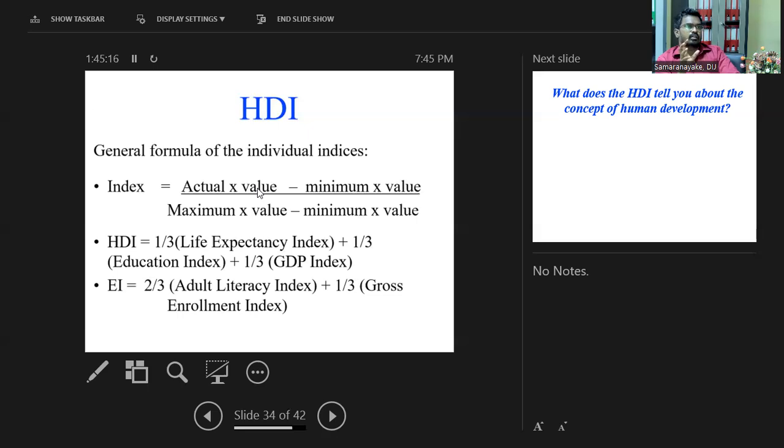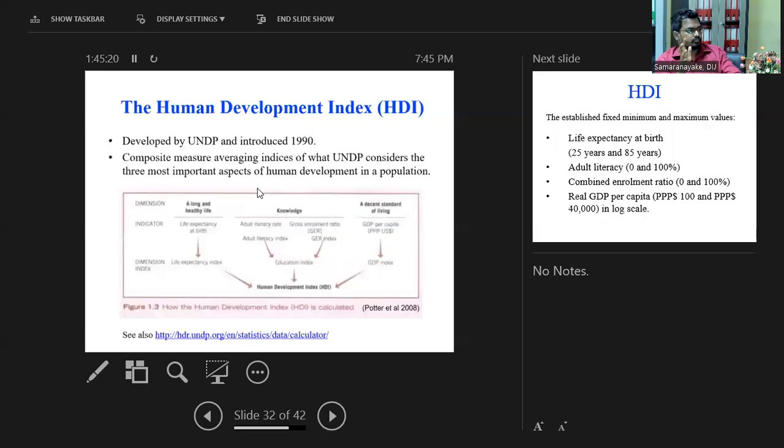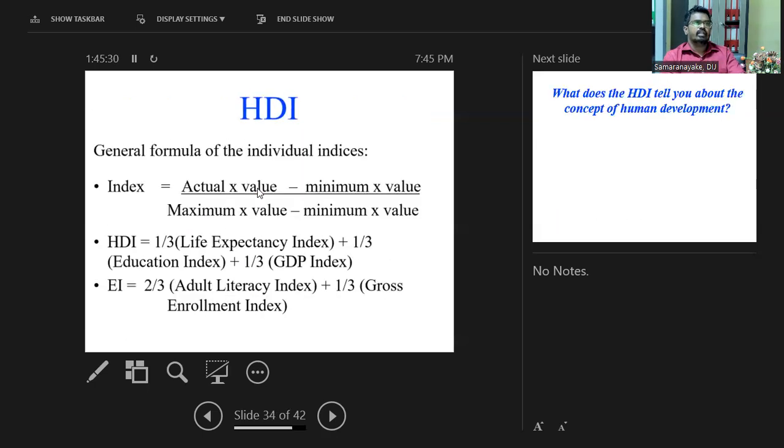So we have 3 indexes, and we combine these 3 to develop the HDI. It means we provide equal weight for all 3 indexes. That's why we put 1/3 for each of the 3 dimensions.